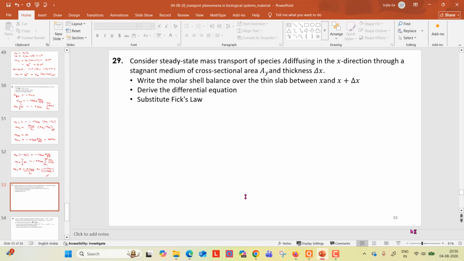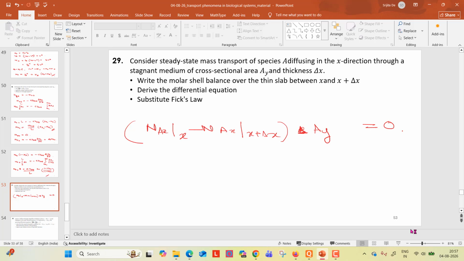So species A is diffusing through the cross-sectional area, in the x direction, so it will be in NAX at x minus out NAX at x plus delta x, into AY, the area, equals 0, right? So this will be your molar shell balance.